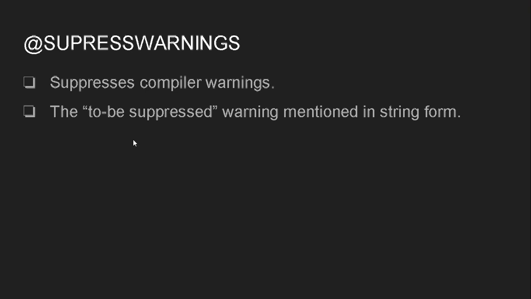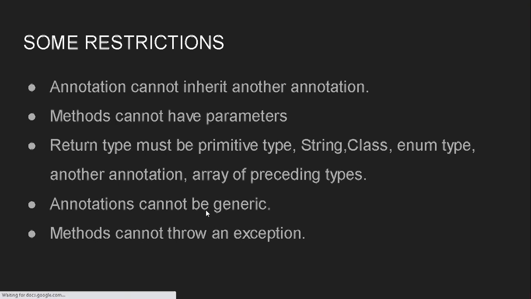Inside the parentheses we write which warning we want to suppress. All these things may look a little confusing here, but since I'm not using the IDE, it is obviously going to look a little confusing.